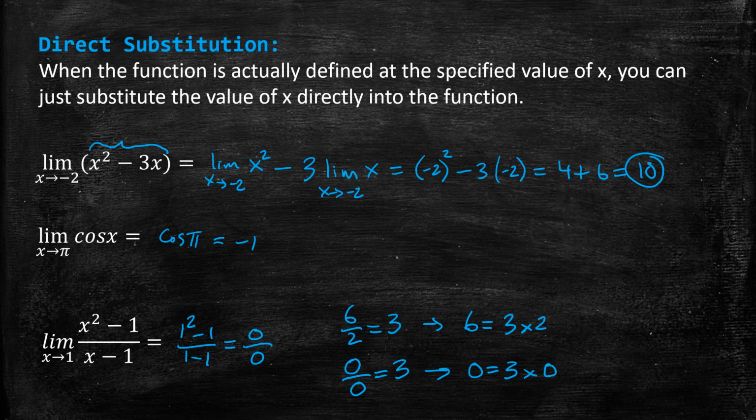Well, that kind of works. But then could we not also put 0 over 0 equal to 1,000? Because is not 0 equal to 1,000 times 0? So given that the answer is not clear, that is why this situation is referred to as indeterminate. And now we need to learn some new methods to deal with that.